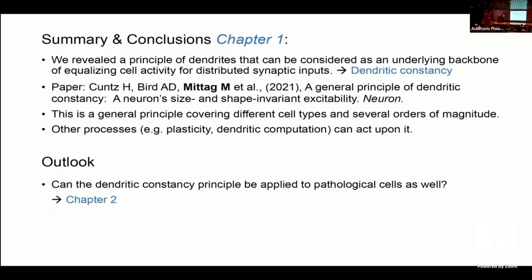Not different. The same type of cell has different channels distributed along the dendrites. For example, they found out that the principal dendrite has a lot of calcium channels, but secondary dendrites and tertiary dendrites don't.